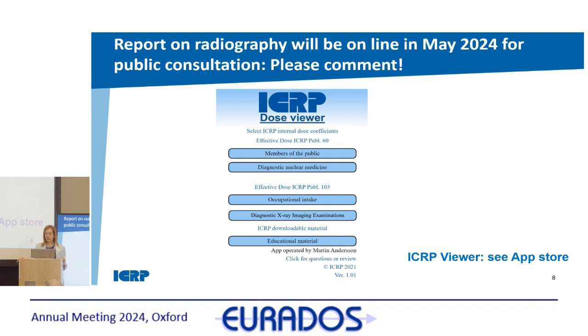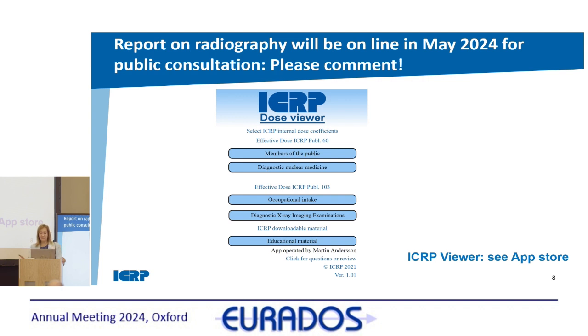The draft report on radiography is already written, and it will be online for public consultation next month, so I will be happy if you have a look and comment.